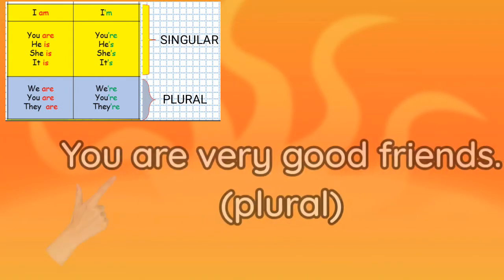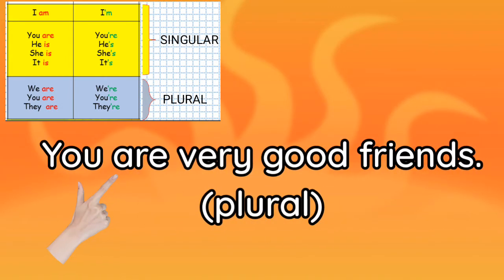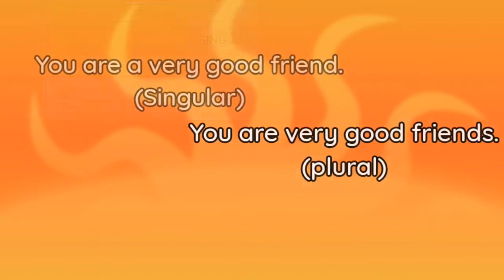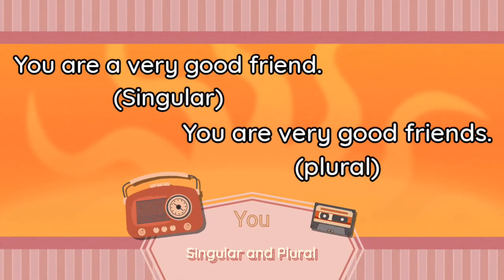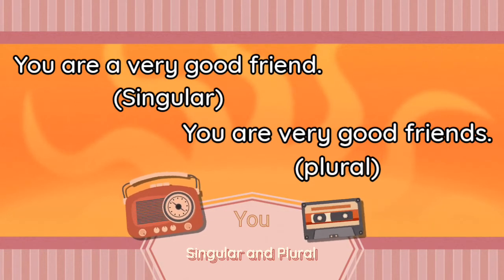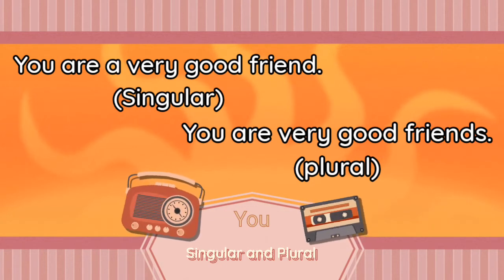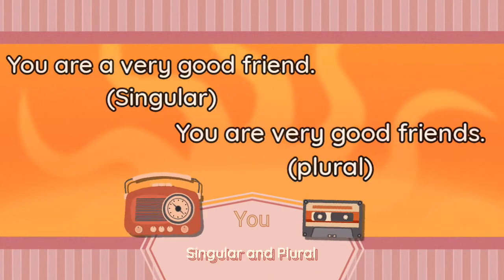Next, you are very good friends. This refers to more than one friend. So this is considered plural. In conclusion, the word you can be used for both singular and plural, but the only way to differentiate between singular and plural is the context.